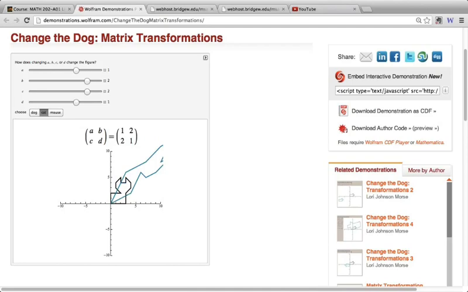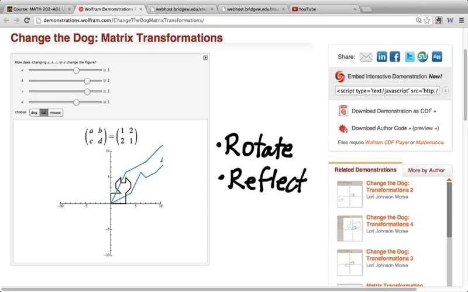But can we say anything about what is happening here to the cat? Rotated. So it looks like there could be a rotation going on. Rotate, reflect, and what else?